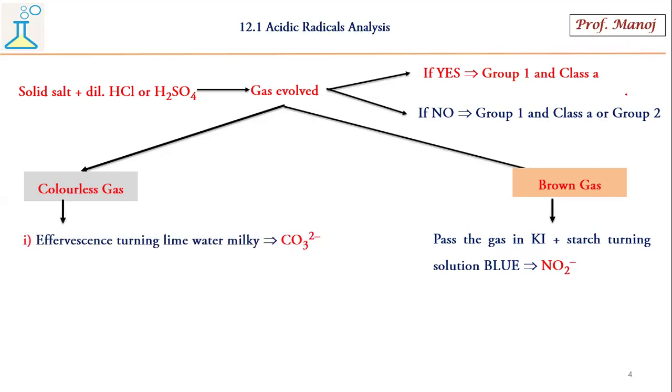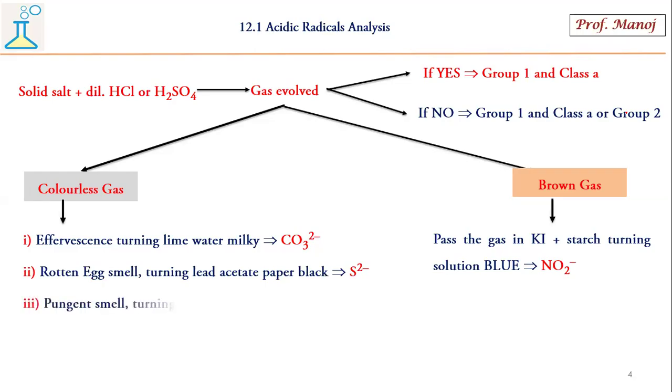If it's only effervescence, by effervescence we mean bubbles, and those bubbles turn lime water milky, that radical becomes carbonate. If it is a rotten egg smell, which turns lead acetate paper black, it is sulfide. If it is a pungent smell turning potassium dichromate green, it is sulfite. And if vinegar smell, then it is acetate.